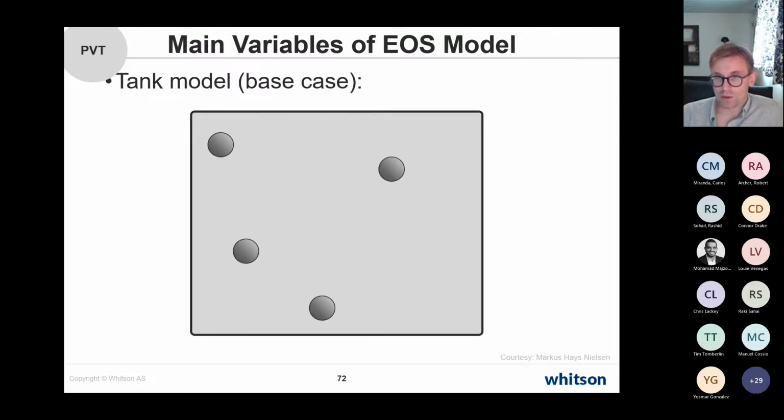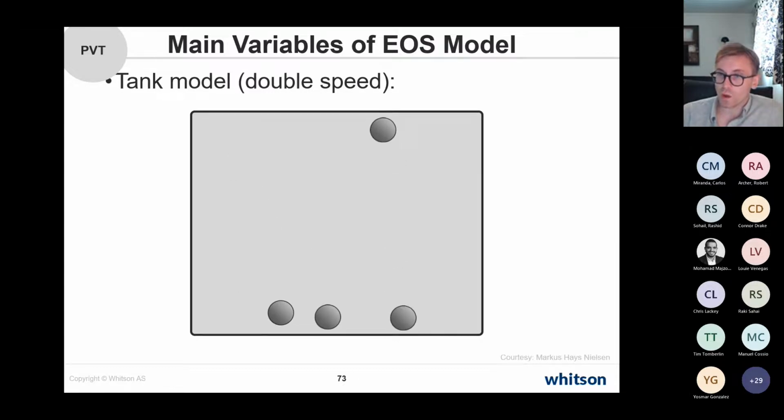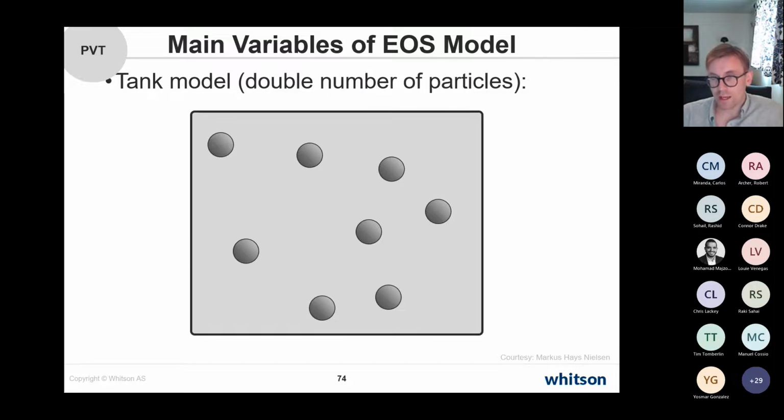So if we have 4 balls in the tank, and we, for instance, double the speed of these particles, then we see that we hit the wall more times. That means we're essentially increasing the temperature. If we then double the number of particles in the system, we're essentially increasing the number of moles in the system.